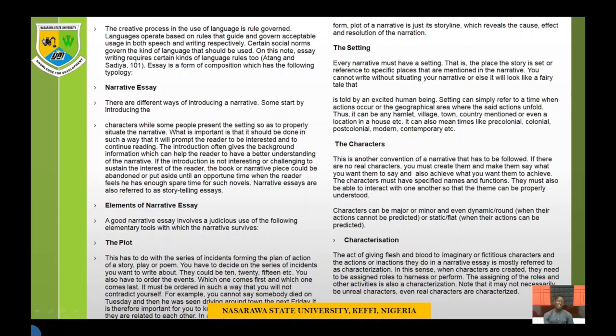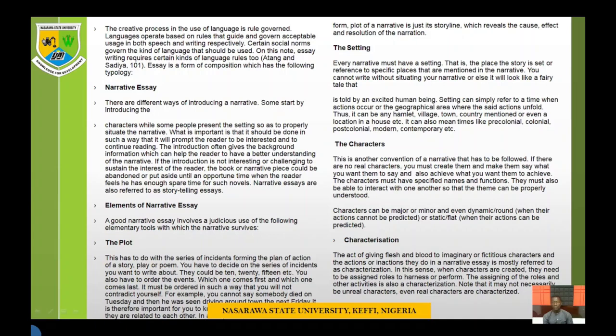So every narrative must have a setting, and that is the place the story is set, or the reference to a specific place or what is mentioned as a place in the story. For instance, Achebe's Things Fall Apart has places like Umuofia and Mbano and other villages. The villages, Umuofia, Mbano, all together deal with what we call the setting or settings of that particular story.